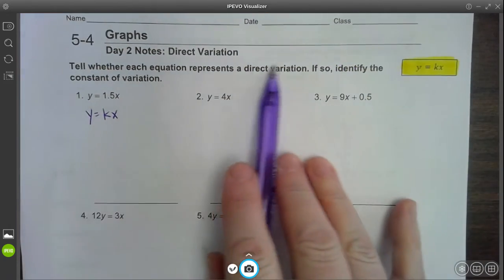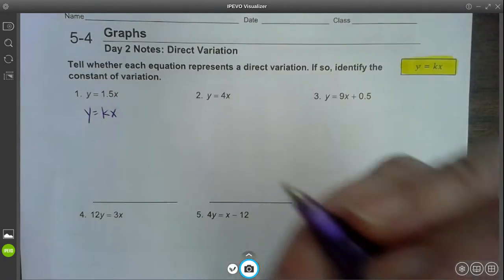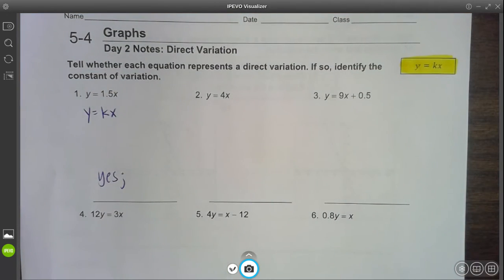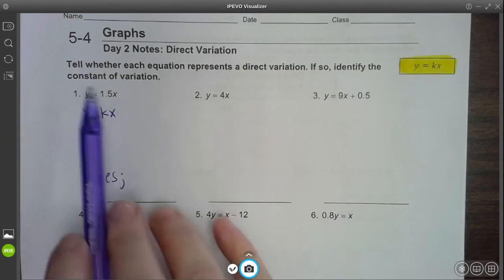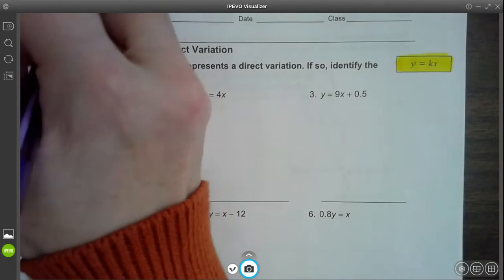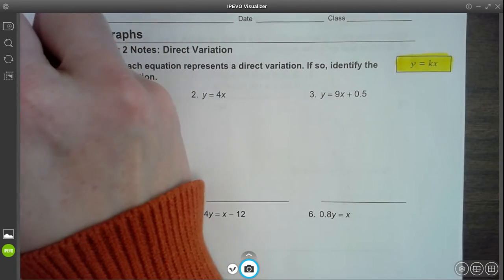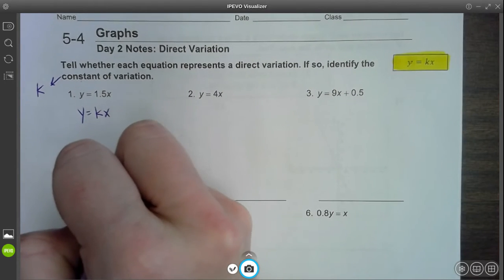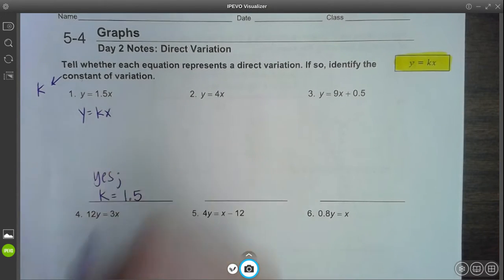So first of all, when it says tell whether it represents a direct variation, the answer to the first part is yes. The second part says identify the constant of variation, and the constant of variation is the value of k. So in this case, k is the 1.5.